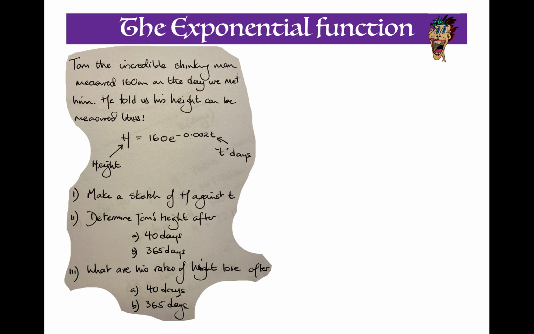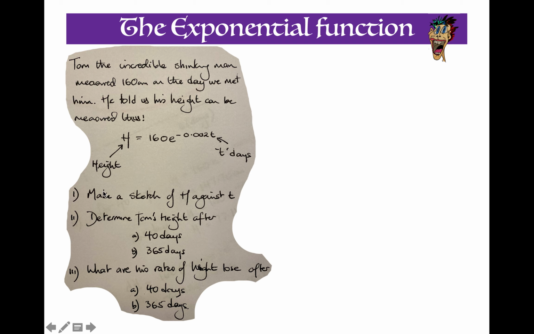Now let's look at it slightly differently, going the other way. Here, Tom, the incredible shrinking man, measured 160 centimeters on the day we met. He told us his height can be measured thus: H, his height, equals 160 e to the minus 0.002 t, where t is measured in days.